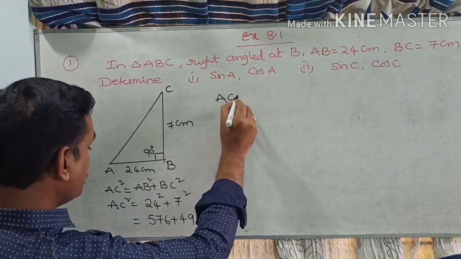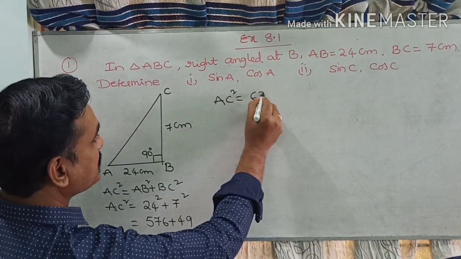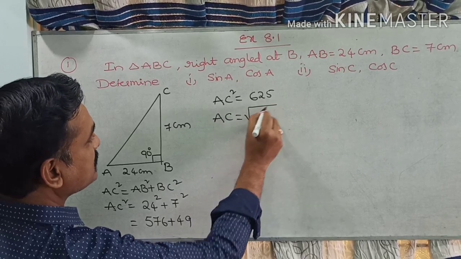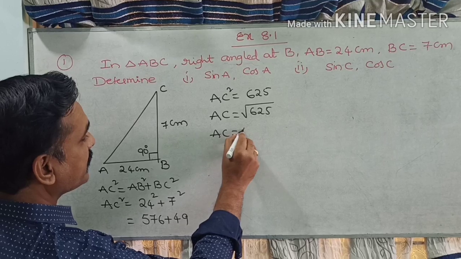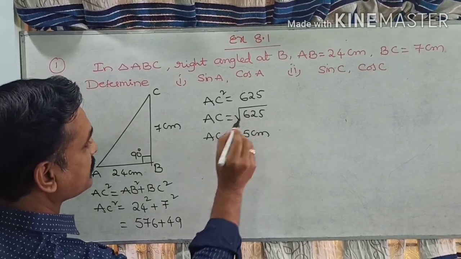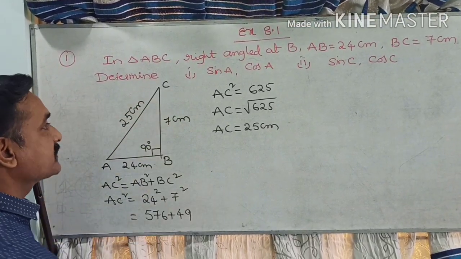If we add both, we get AC square equals 625. Then AC equals square root of 625, so AC equals 25 centimeters.